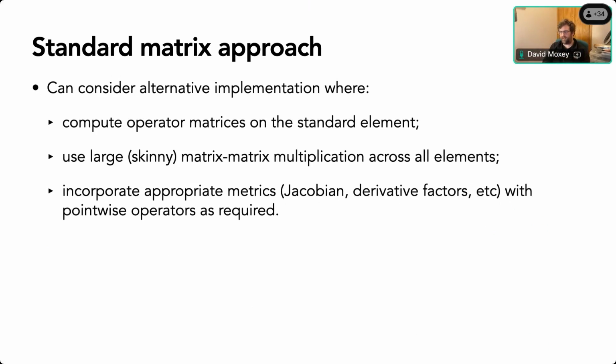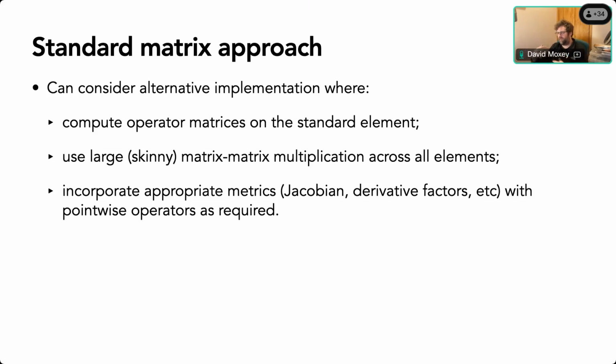And then you can apply a large skinny matrix multiplication, where the rank in one direction is just the number of degrees of freedom on an element, and then you have a very large right-hand side matrix, which has all the degrees of freedom as the number of columns. And that allows you to cast the problem into a very big but skinny dgemm or gemm type operation.